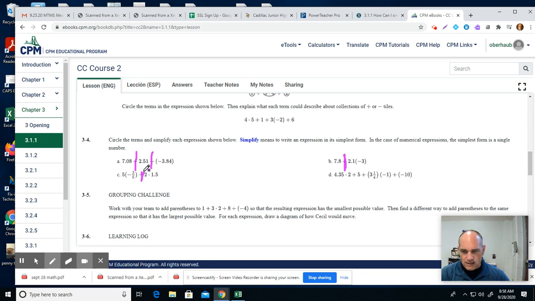I can find the value of this side, find the value of this side, put them together. Here's a plus sign, and a plus sign. So I take this piece, combine it with this piece, combine it with this big piece, and then combine it with this piece. So these plus signs break them into what's called terms. Each of these separate pieces are called terms.